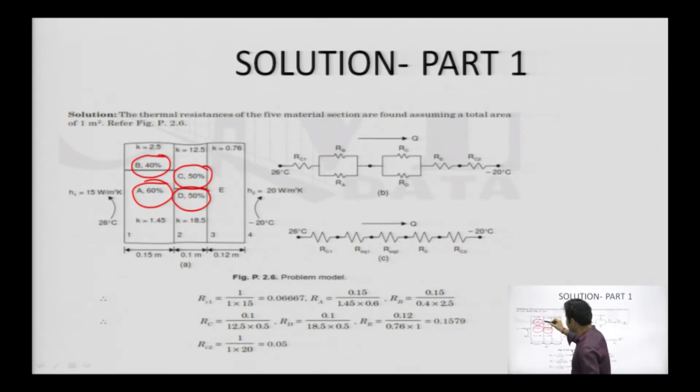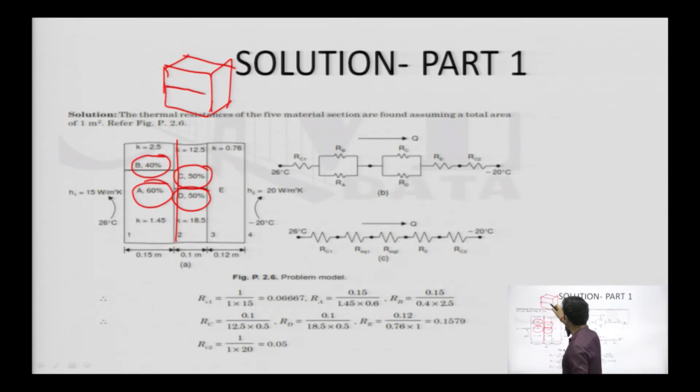See, suppose this is the area. If this area is now being divided, let me first draw it. Suppose this is an isometric view of a wall, and I am telling you that a material having K1 occupies 60% of the area.